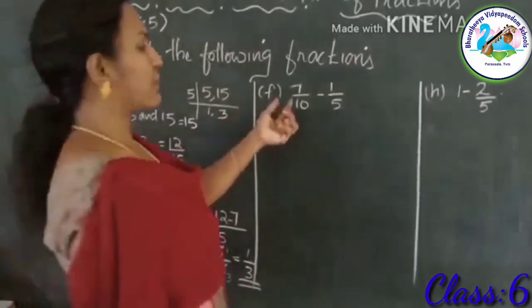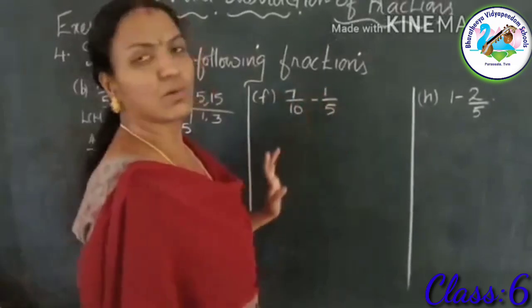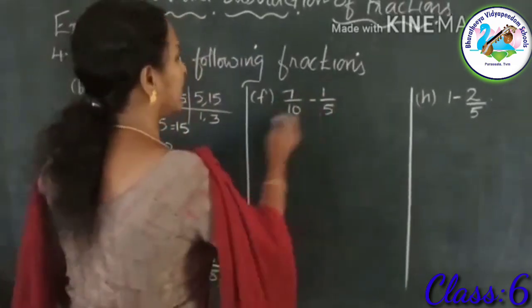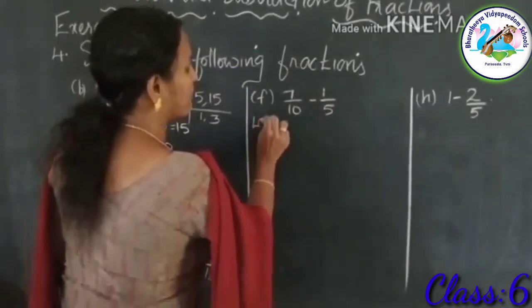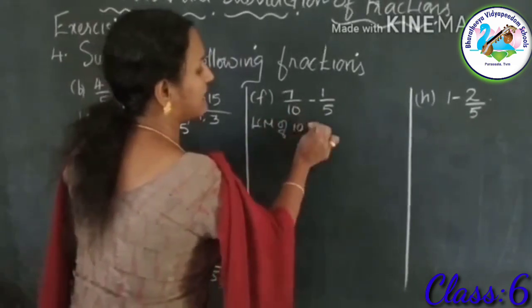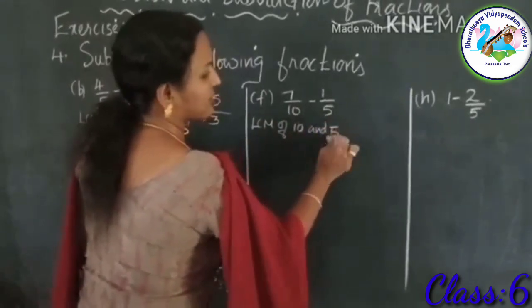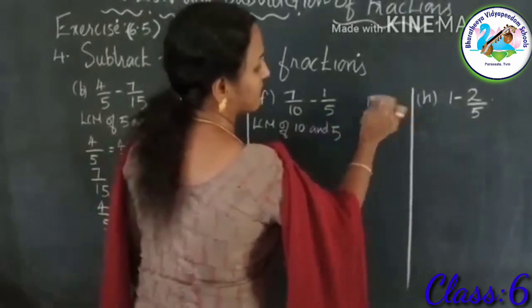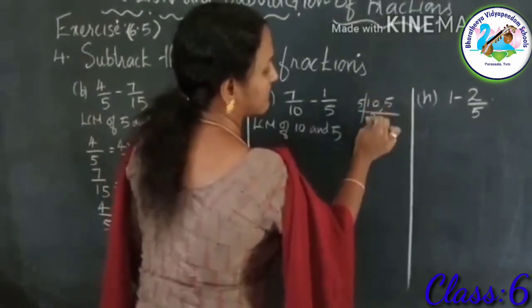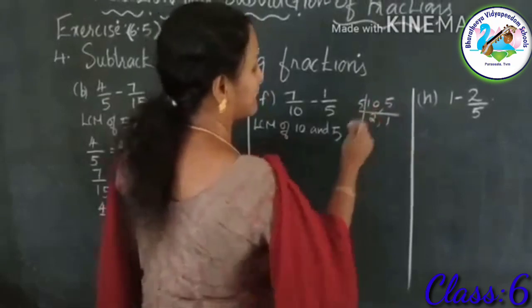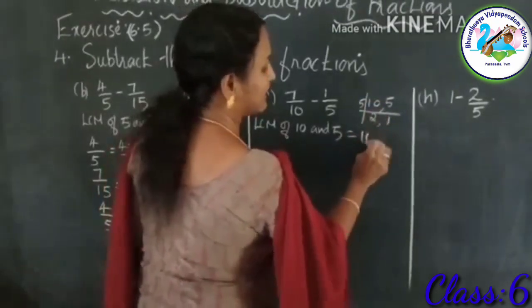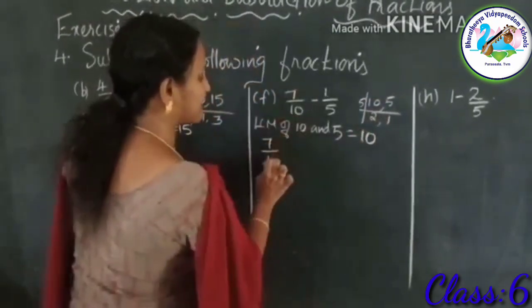Next option F, 7 by 10 minus 1 by 5. So the LCM of 10 and 5. 2 5s are 10 and 1 5 is 5. The LCM is 10. First fraction is 7 by 10.